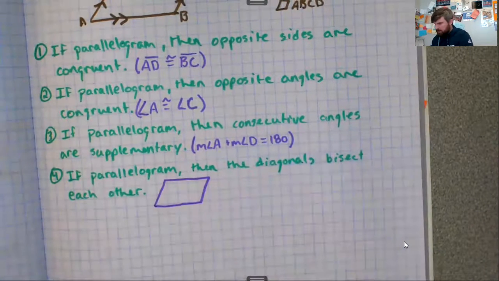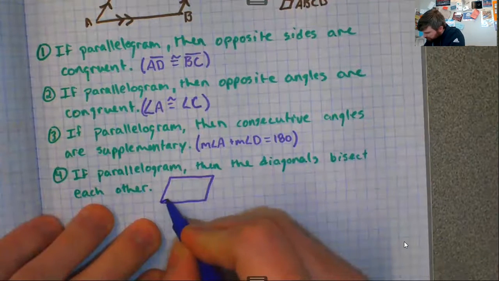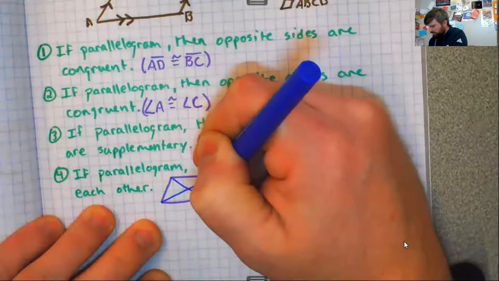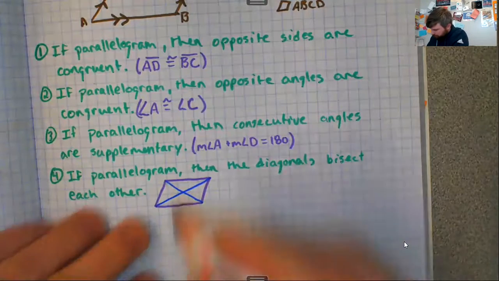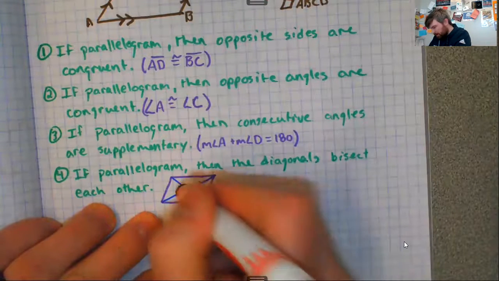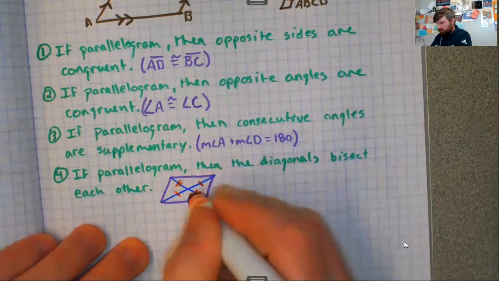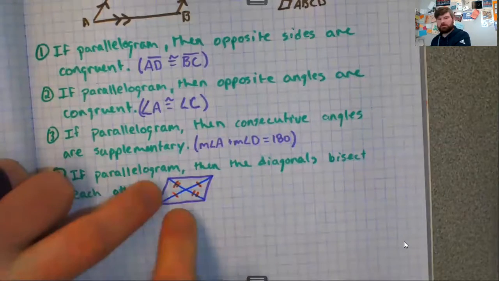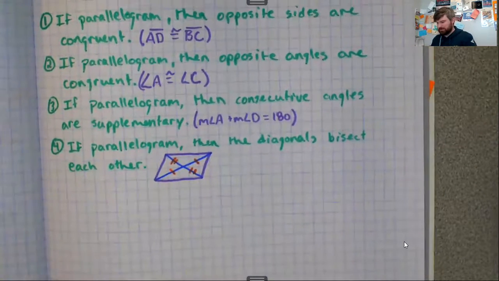Okay, and we look at the diagonals here and this diagonal here. Now they bisect each other, which means that this side and this side will be the same, and this side will be the same as this side. Now, all 4 of those sides may not be the same, but whichever ones are on the same segment will be the same. Okay, so the diagonals will bisect each other.